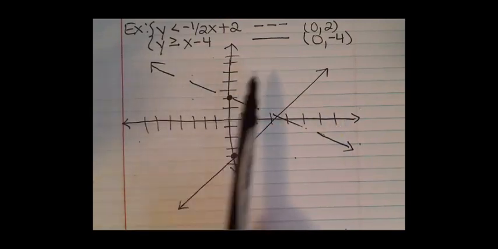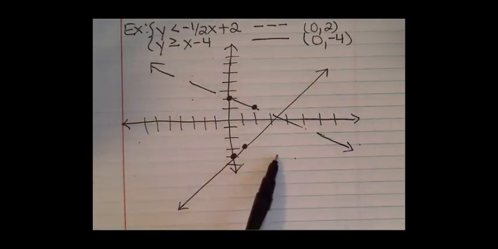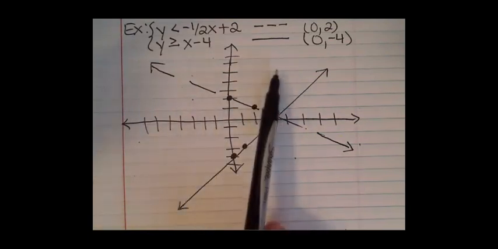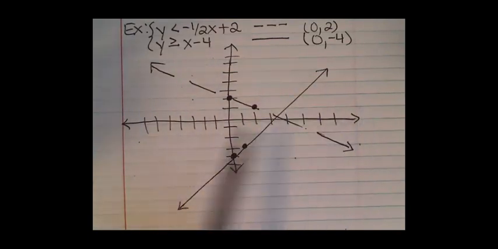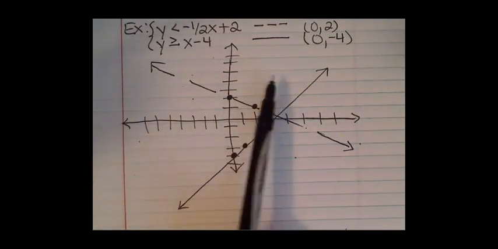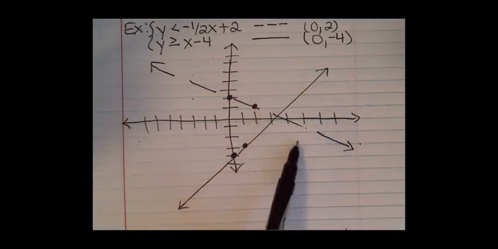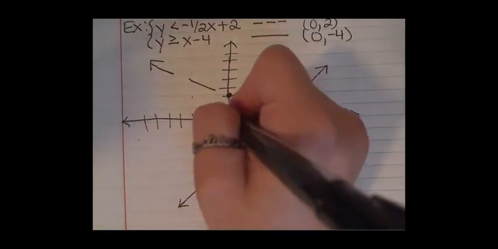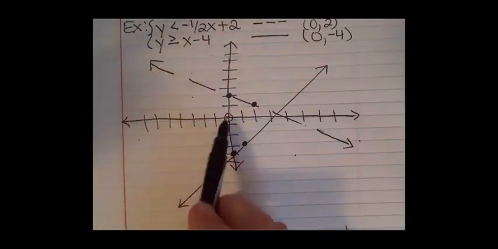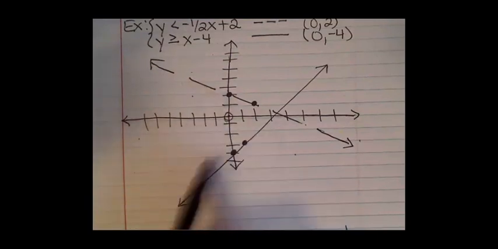So we need to pick a test point in one of these sections, and either we're going to luck out and we're going to get the true one the first time off, or we're not. And you never know. You could have to pick 4 test spots in order to figure it out. Again, I'm going to recommend if your lines don't hit 0, 0, let that be your first test point.